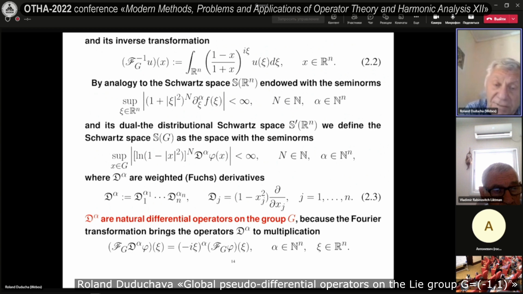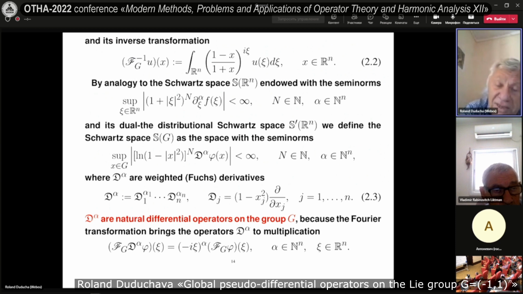The Schwartz space, the classical Schwartz space, you know, consists of functions which have these finite seminorms written here. The similar Schwartz space on the group which we consider here is the following.